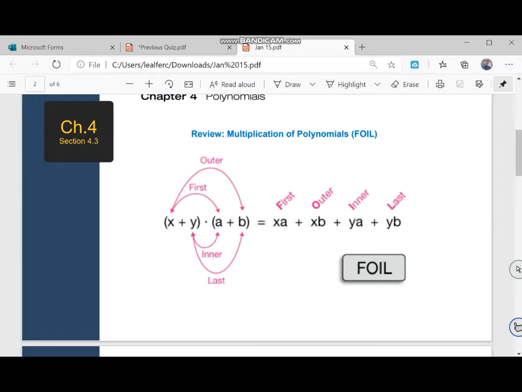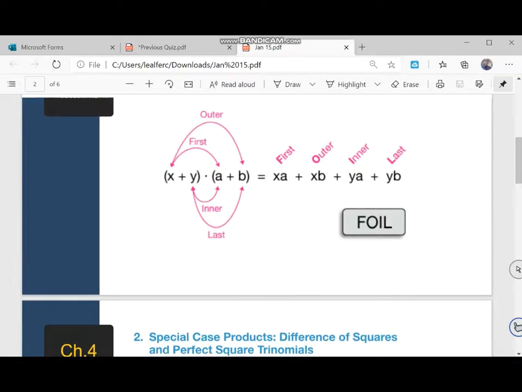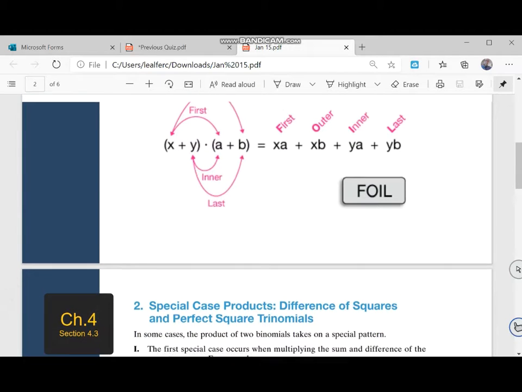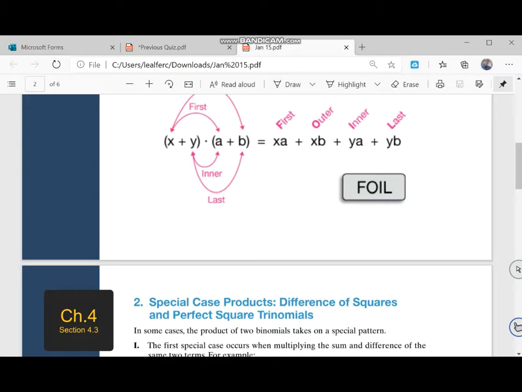Yes, you can apply the FOIL method to the quiz today, but you don't need to, because there's another shortcut that we will learn, another way of answering even faster. Any questions about the FOIL method? If we all got the note, we all grasped it and understood and know how to apply this FOIL method.